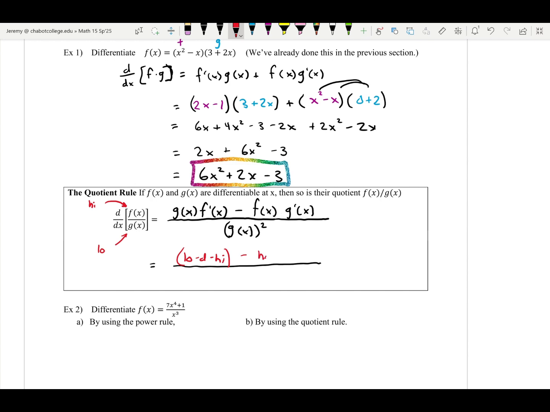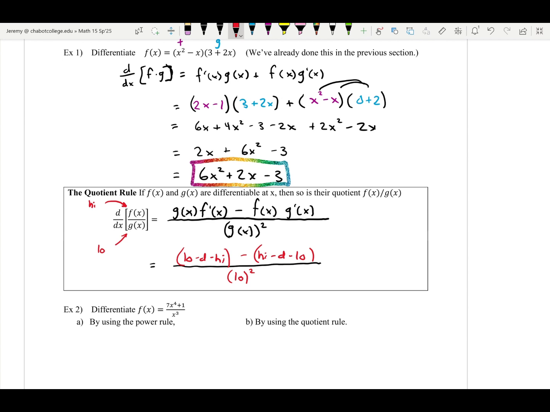So high d low. And then in the denominator, this is just low squared.